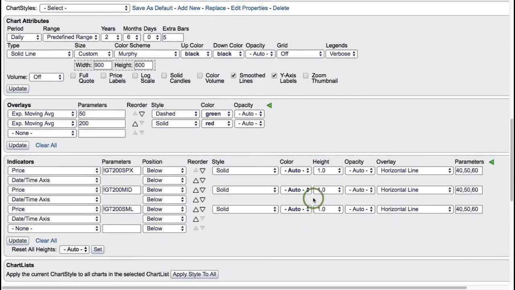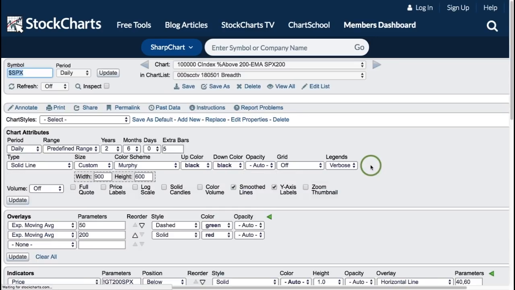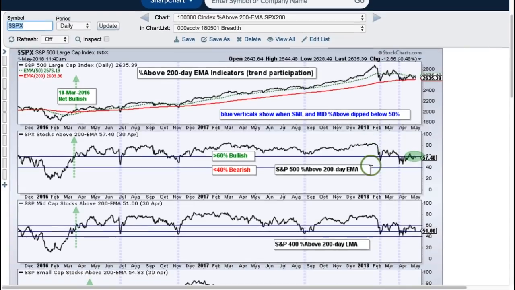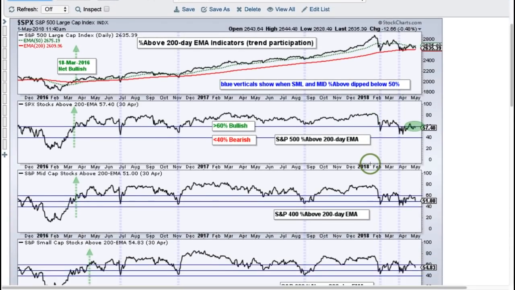And if you look at the settings, similar, there you can see I've got exclamation point GT200 SPX, and then MID, and then SML, 3 indicators. And I added a horizontal line at 40, 50, and 60. And actually, you could clean that up and probably just add horizontal lines at 40 and 60 if you would like.